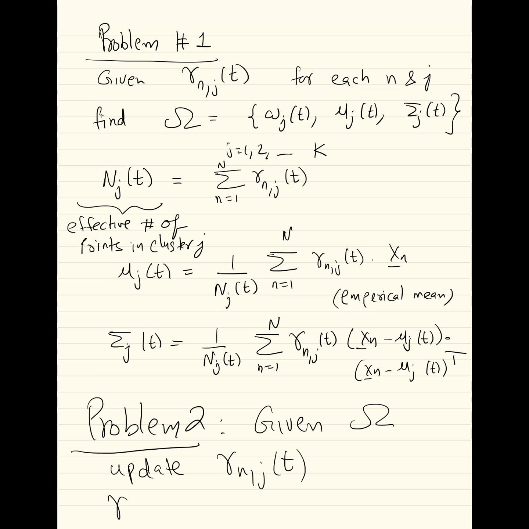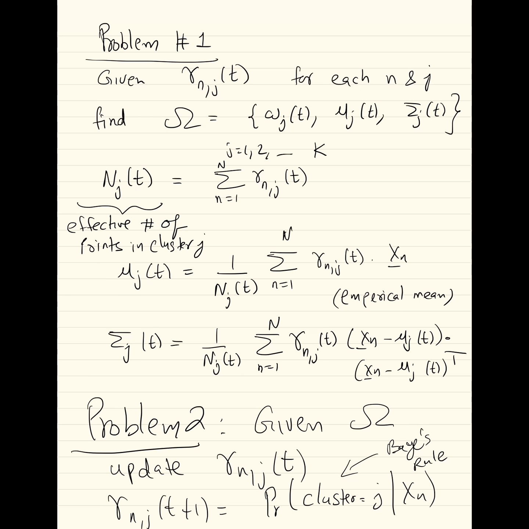So all you have to do here is take gamma n j of t. We are in the next step, so we are given the parameters, so that's why I had the t index. So I would do gamma n j of t plus 1 to be the probability that my cluster is j given xn. And this I can compute using Bayes' rule.